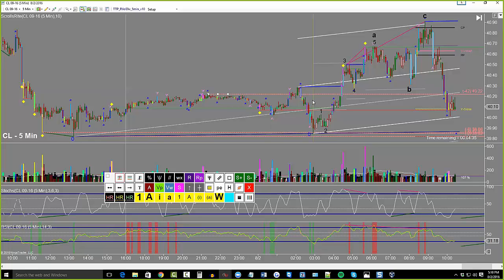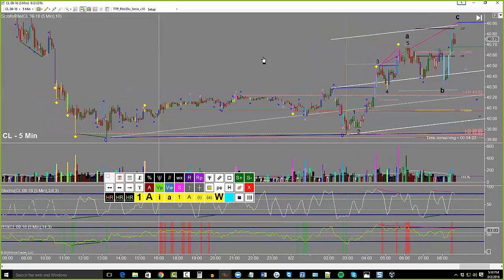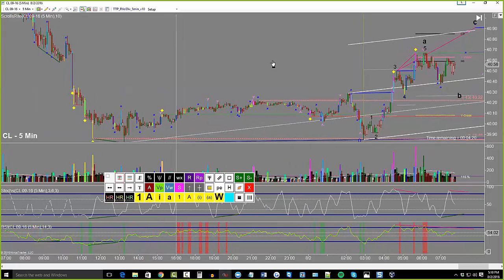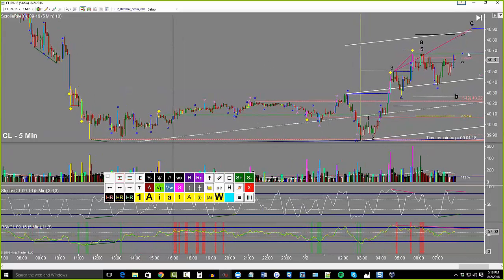Remember I was talking about that this morning, that's why I drew this line in. I said none of this is really relating to this as it was developing. Because at the time, I think we were actually about right here or something.